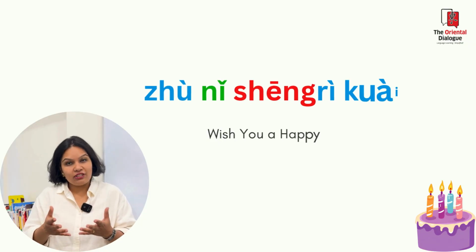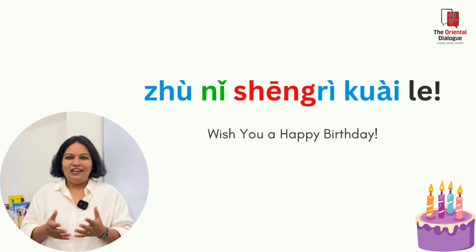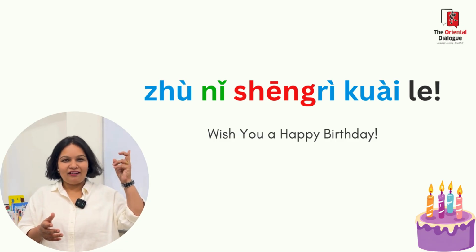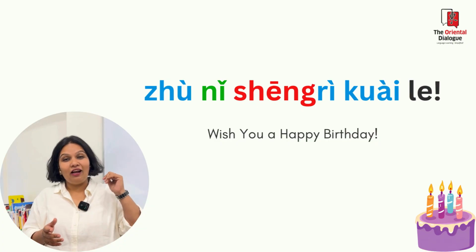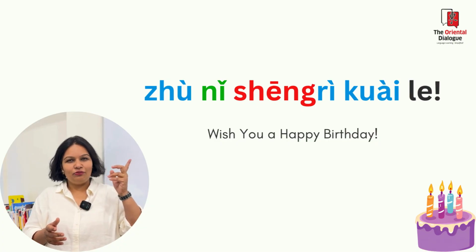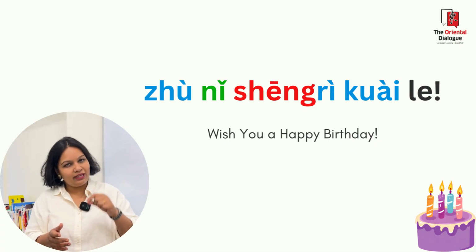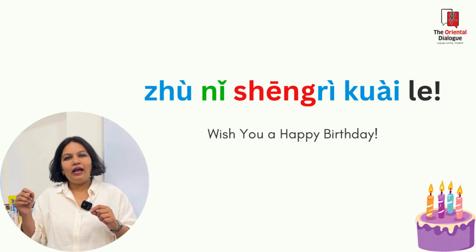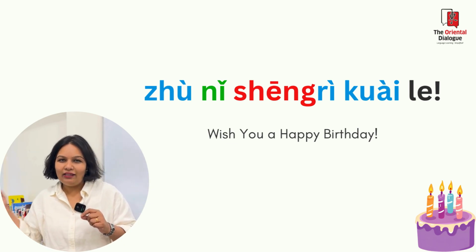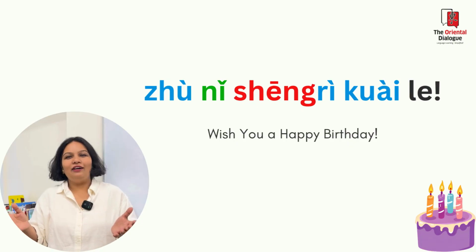How do you wish somebody a happy birthday? Going back, you remember 祝贺你新年好. We've done that, wishing somebody something. So here you're going to use the same word, 祝你生日快乐. 祝你生日快乐.